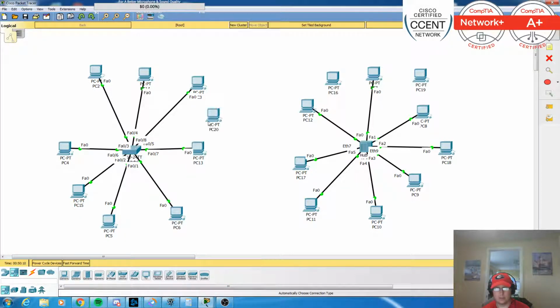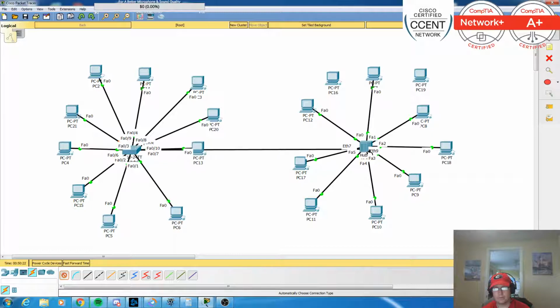We're going to throw in a little bit bigger question. So I'm going to make this one a little bit different for you. Remember, switch, hub, and now they're actually connected with a crossover cable.